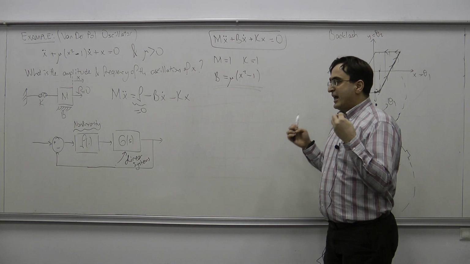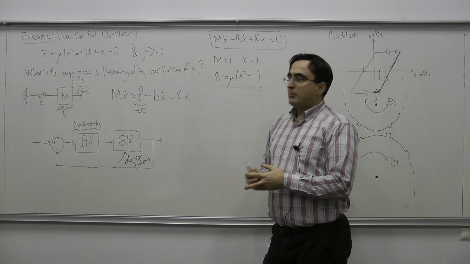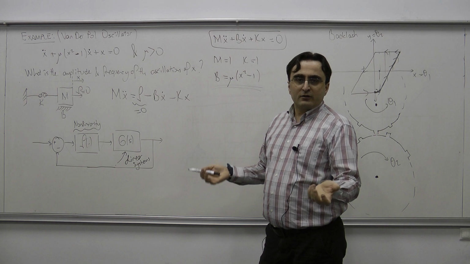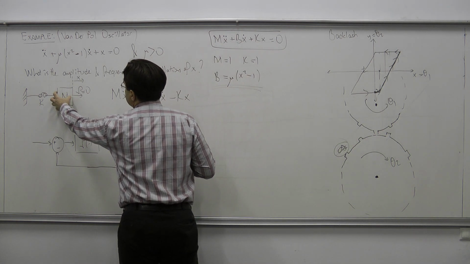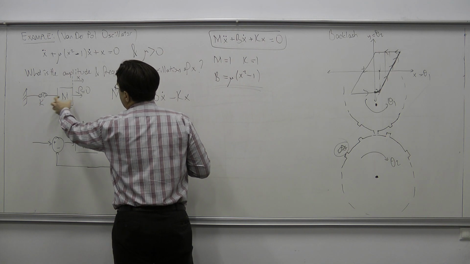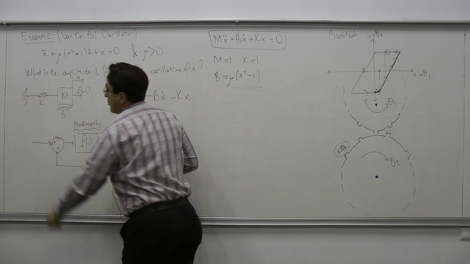But when that system gains energy, it means that it's going to start oscillating. It means that x is going to start getting larger, or x is going to start getting smaller.